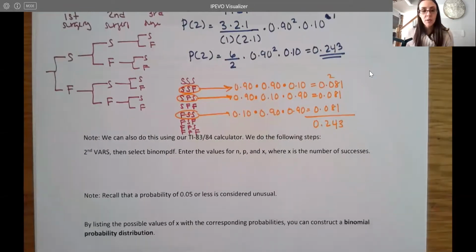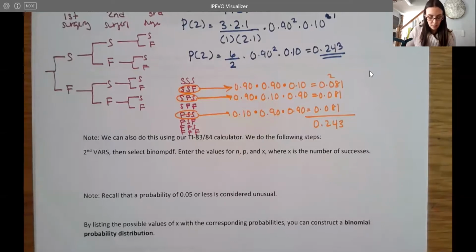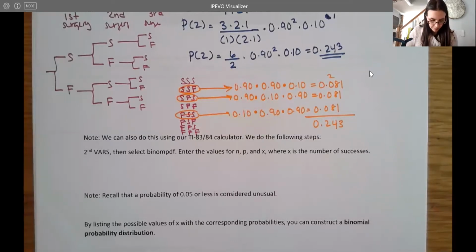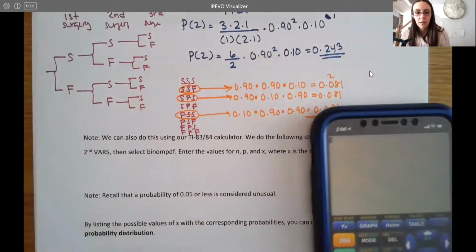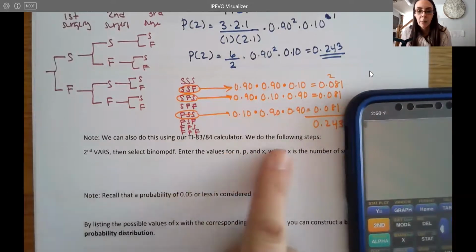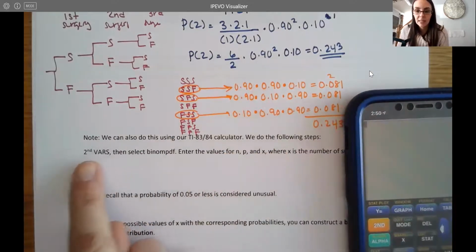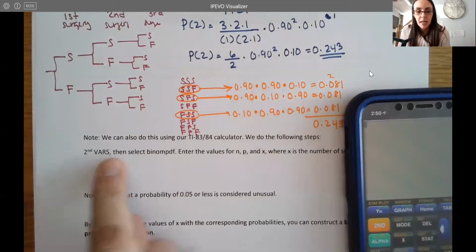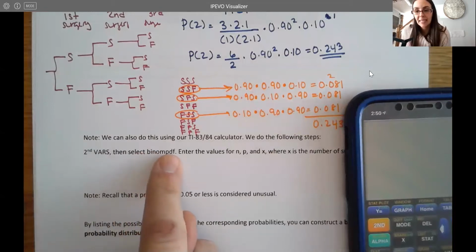Now, we can also do this on the calculator. So let me show you that as well. We can do this on our calculator, and we're going to use the following steps. You're going to hit the second button and then bars, and then we're going to select Binompdf. PDF, probability distribution.